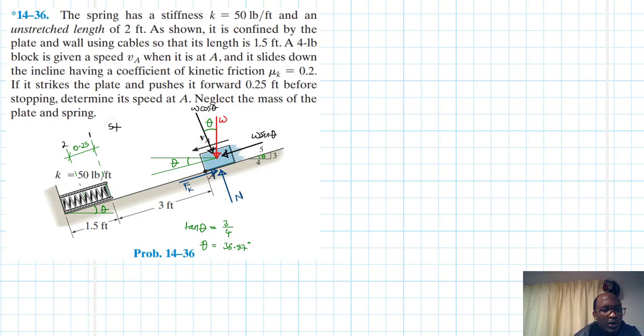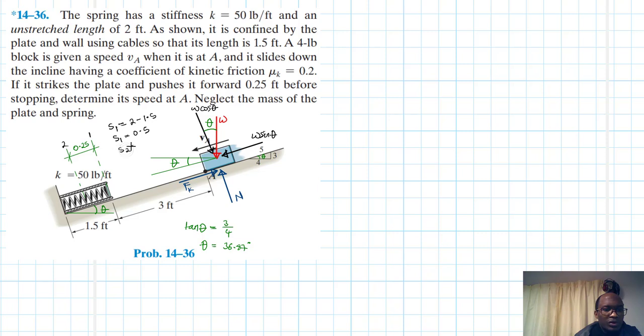So our S1, the initial displacement, is equal to the original unstretched length 2 minus the restrained length 1.5. So S1 is just equal to 0.5.